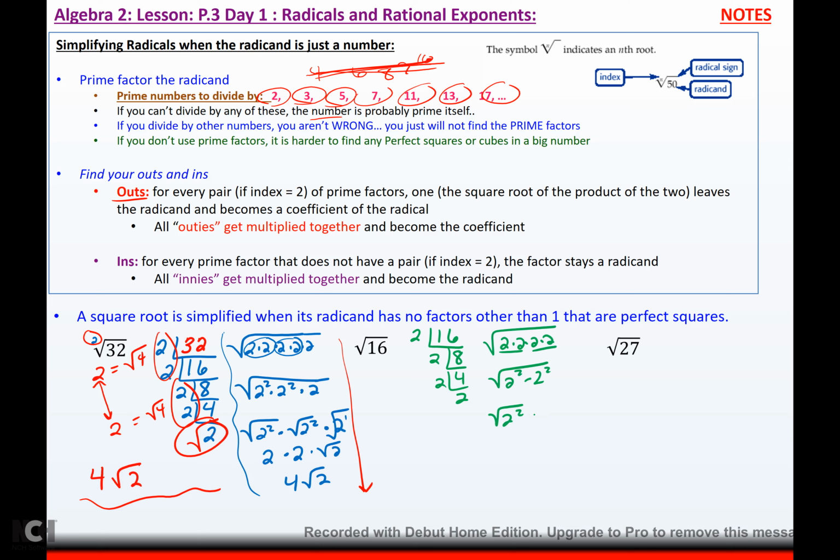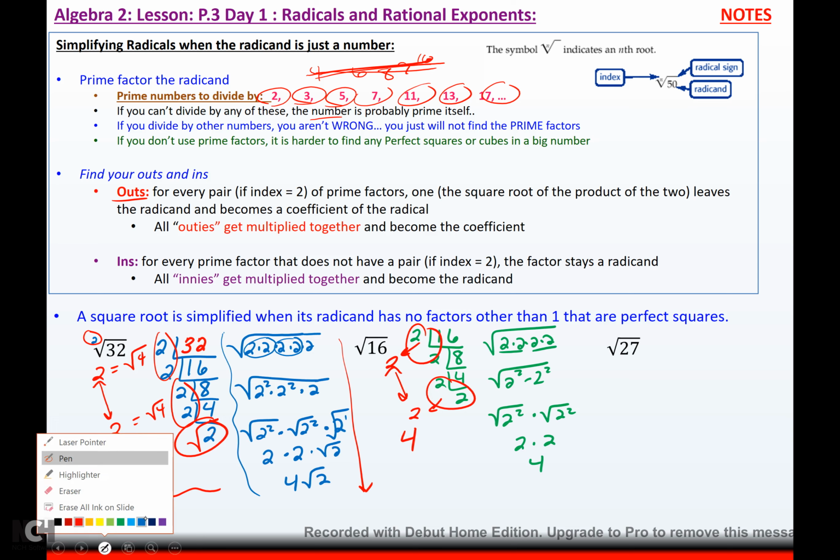Split them, that's 2 squared times the square root of 2 squared, which is 2 times 2, which is 4. Shortcut, instead of writing all that out, there's a bundle of 2, which gives me the square root of 4, which is 2. There's a bundle of 2, that gives me the 4, which square root of 4 is 2. Nothing remains under, so my answer is 2 times 2, which is 4.